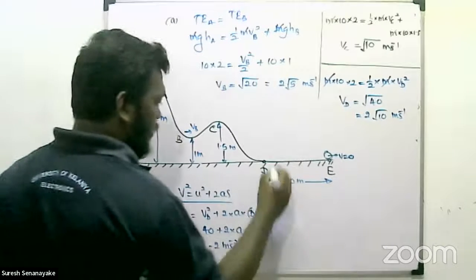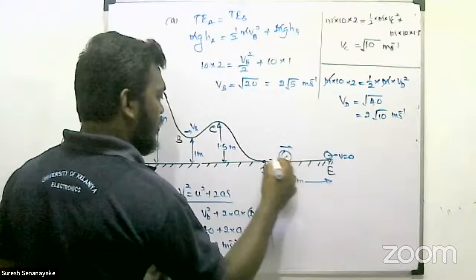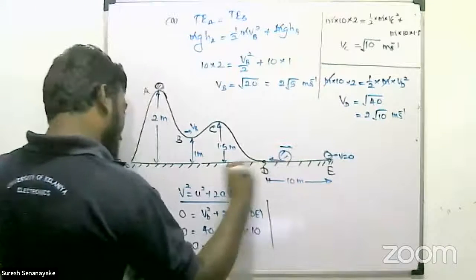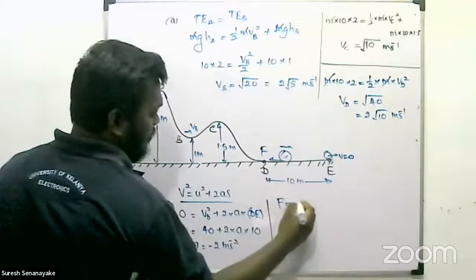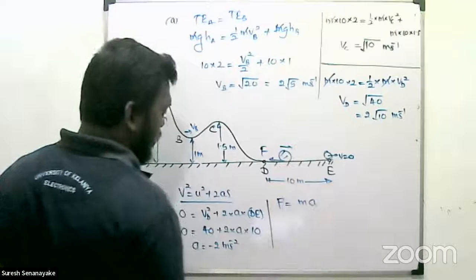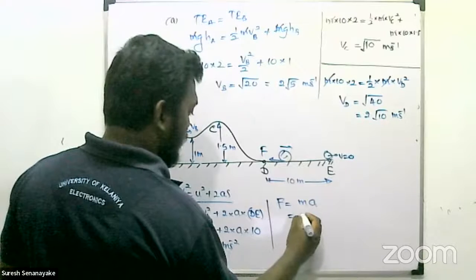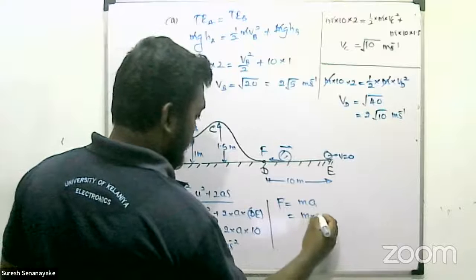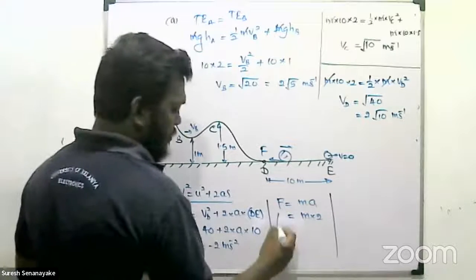So the force acting when the object is moving, the retardation force acts opposite on it. Force is mass into acceleration, so this is mass into 2. That is the frictional force acting on it. This is the friction.